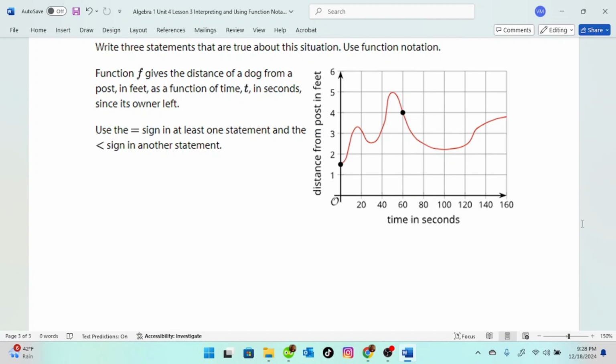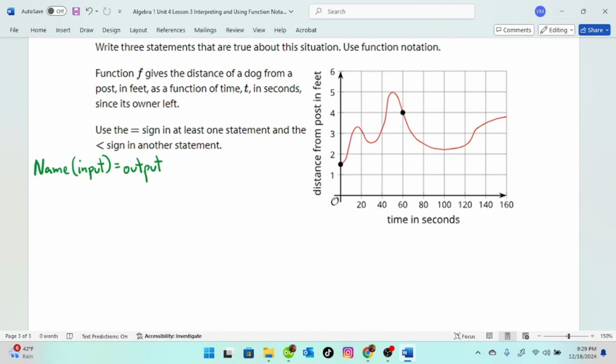Use the equal sign in at least one statement and the less than sign in another statement. So, we know that function notation is name, in parentheses, input equals output.